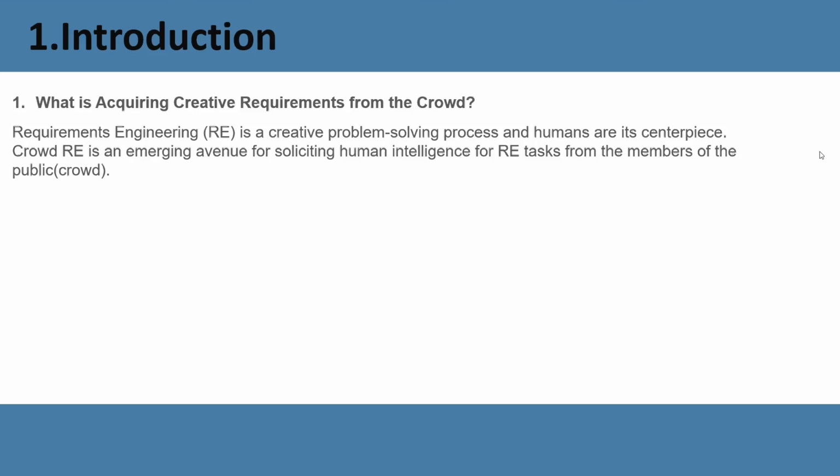Crowd RE is an emerging avenue for soliciting human intelligence for RE tasks from members of the public, the so-called crowd. The second question is, why is it important, or what is its advantage?